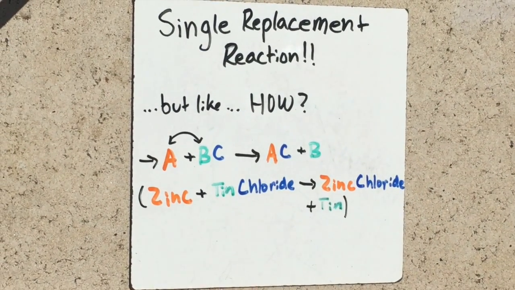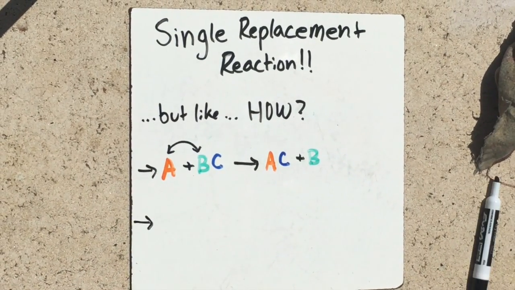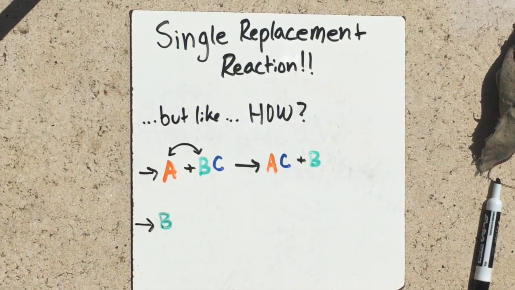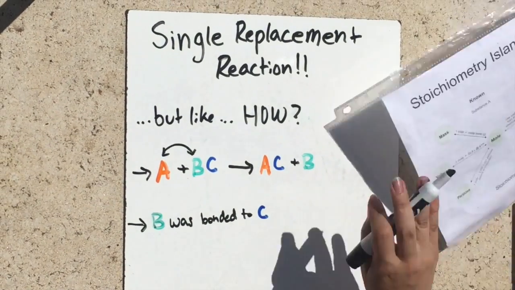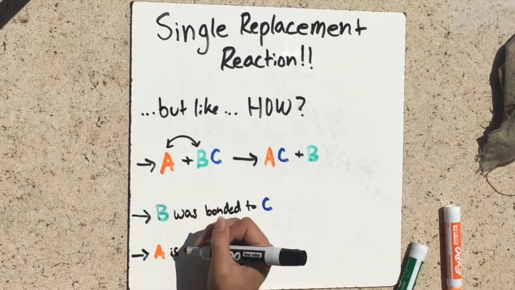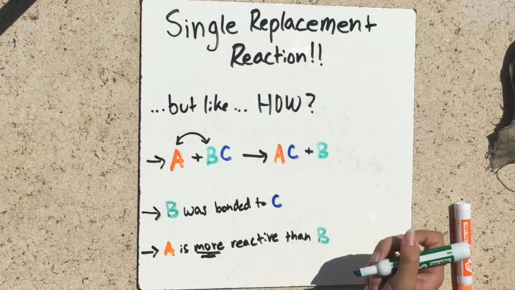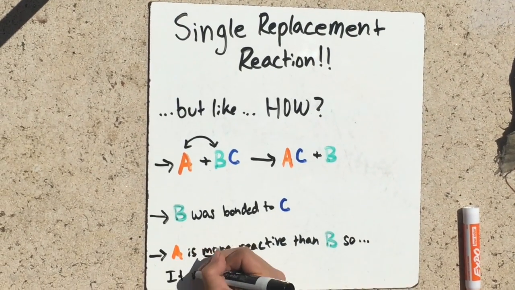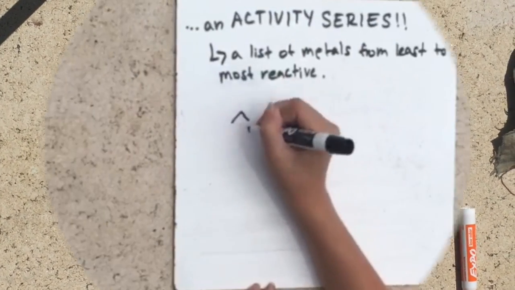As you can see, the zinc replaces the tin like A replaces B. B was bonded to C, but A is more reactive than B, so it replaces it when the reaction occurs.